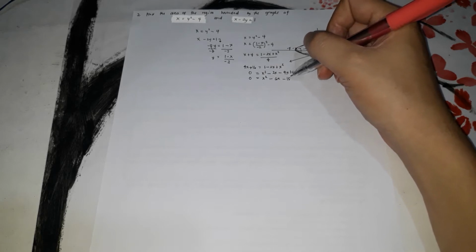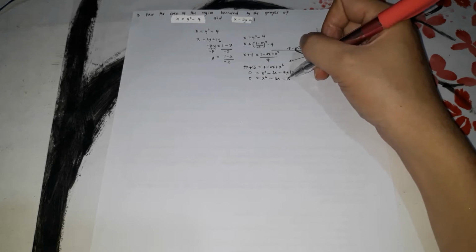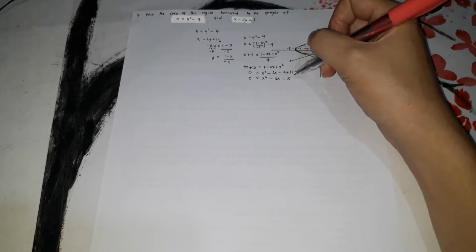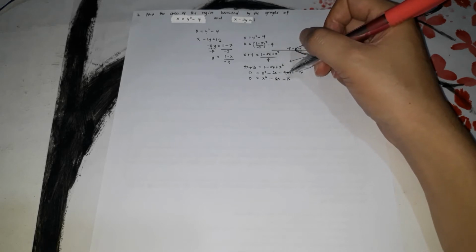So this is the trinomial. Let's try trial and error, but I think this is not applicable because the factors of 15 are 15 times 1, malayo sa 6, plus 3 times 5, malayo rin sa 6. Probably this is not factorable, so we're going to use the quadratic formula.